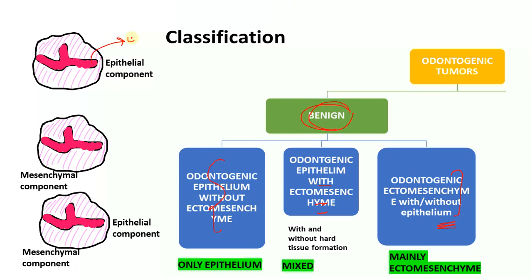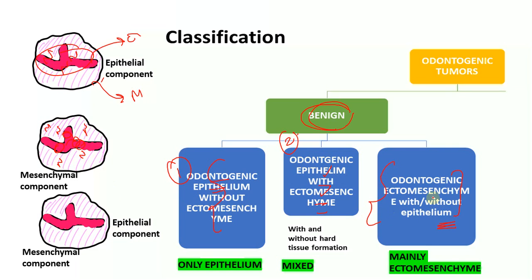If this is our epithelial component and this is our mesenchymal component, the first part tells us that there is odontogenic epithelium without ectomesenchyme. Therefore, there are neoplastic changes occurring only in the epithelial component. The second part tells us that there are odontogenic changes in the epithelium as well as the ectomesenchyme. So here you would see neoplastic changes in the mesenchymal tissue as well as in the epithelial tissue.